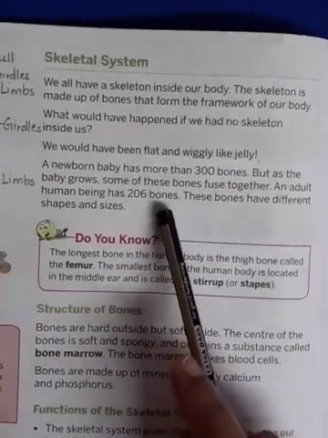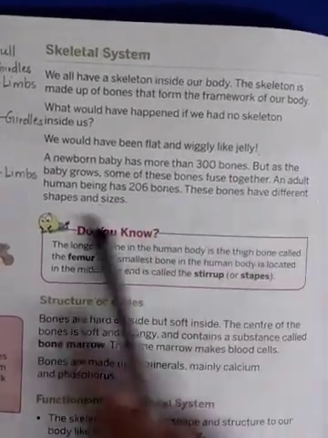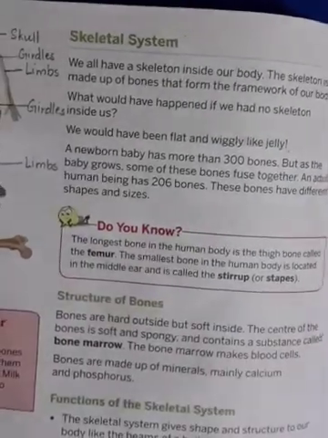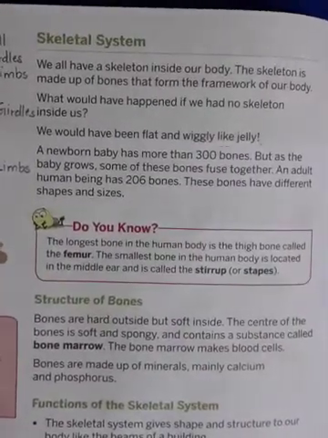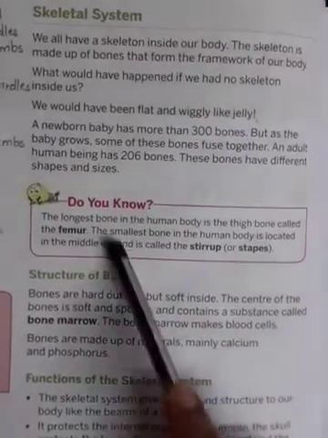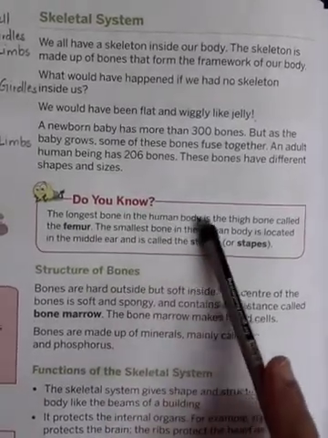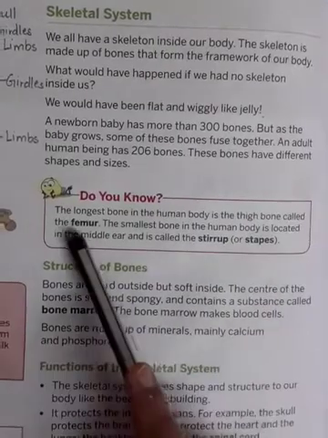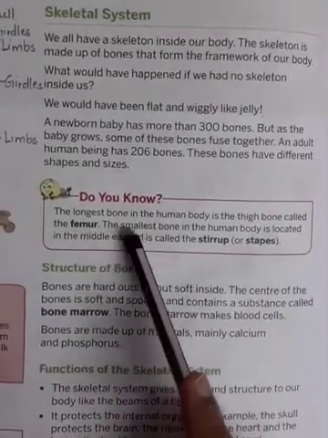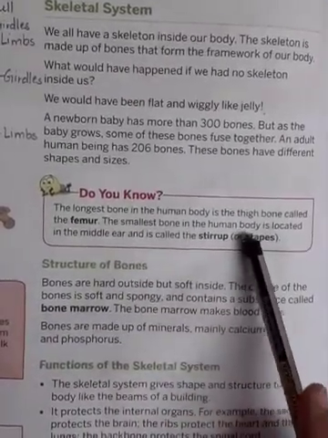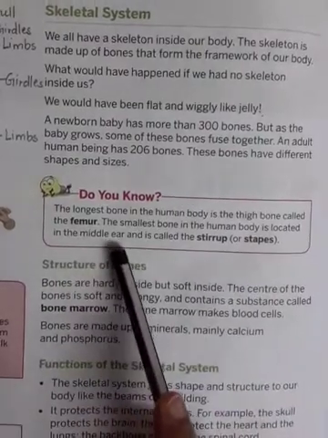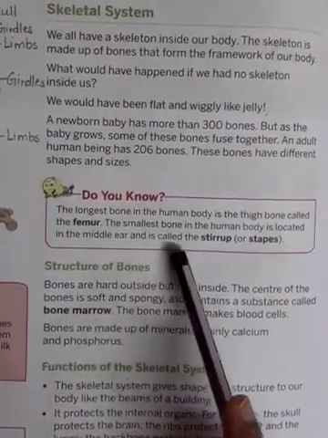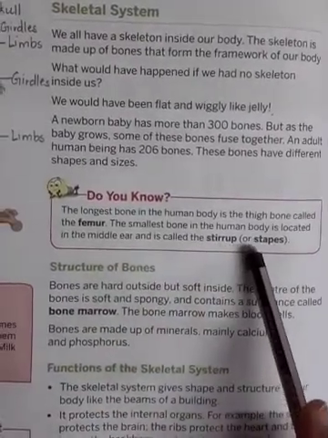These bones have different shapes and sizes. Now, did you know that the longest bone in the human body is the thigh bone, which is called the femur, and the smallest bone in the human body is located in the middle ear and is called the stirrup?